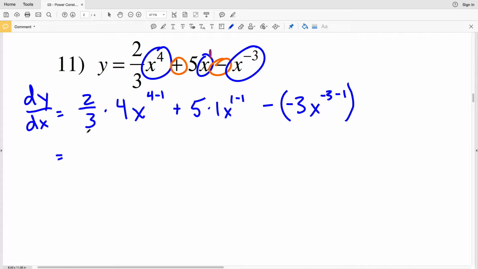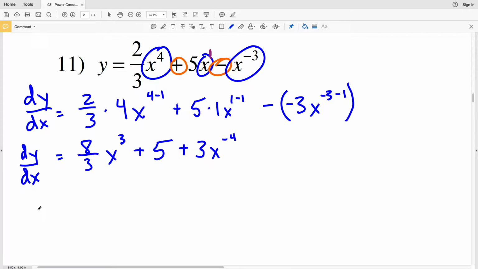So simplifying, 2/3 times 4 is going to be 8/3, and that's times x to the 4 minus 1, which is x to the 3rd, plus 5 times 1 times x to the 1 minus 1 is 5 times 1, which is 5, and then I'll be subtracting a negative 3x to the negative 3 minus 1, but that's the same as adding a positive 3x to the negative 3 minus 1, which is negative 4.